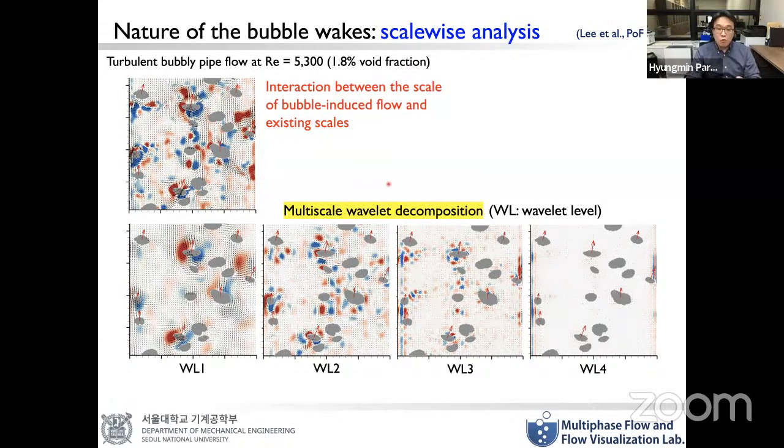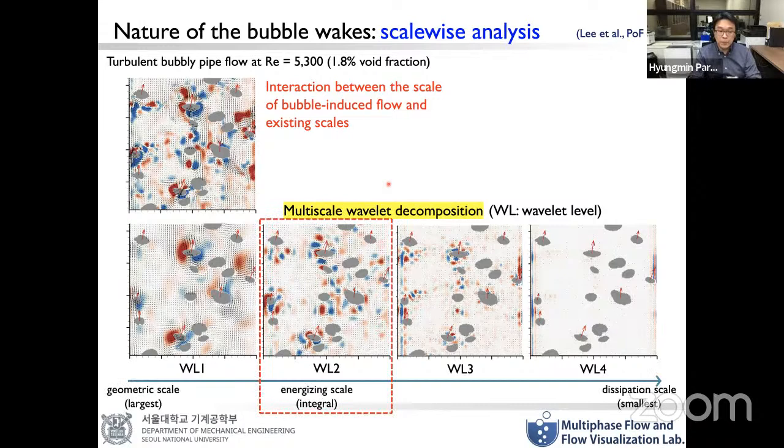Then we wanted to quantify what length scale actually corresponds to each wavelet level. Calculating the autocorrelation function for each velocity field, we compared the length scale corresponding to each wavelet level to the existing scales of the turbulent flow.